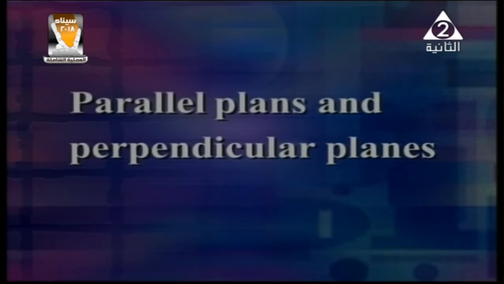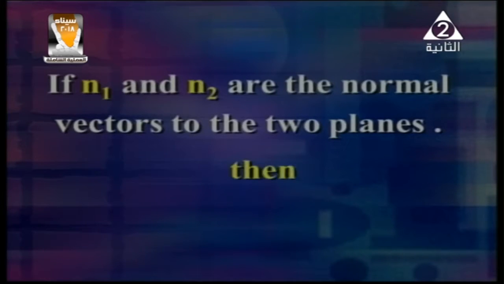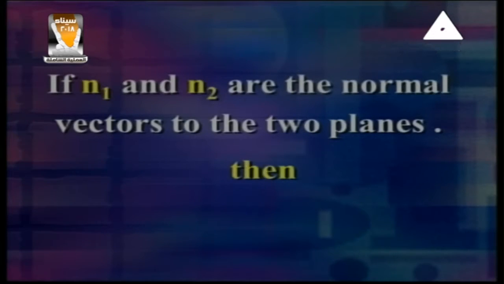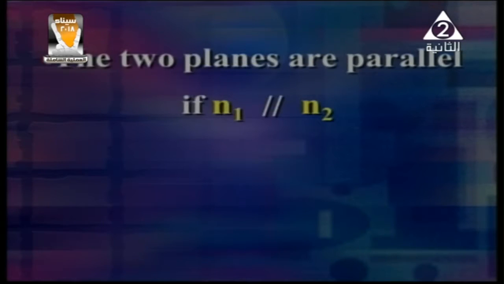Now we move to another title, parallel planes and perpendicular planes. Dear student, if N1 and N2 are normal vectors of two planes, then we deduce that the two planes are parallel when N1 is parallel to N2.